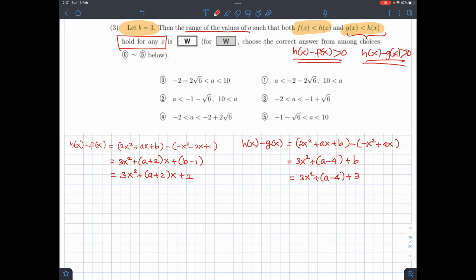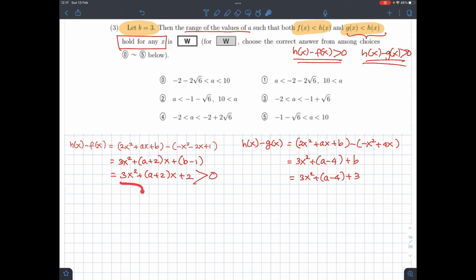So hx minus fx greater than 0, right? And we already have hx minus fx here, so it should be greater than 0, right? For any value of x, this is what we call positive definite.